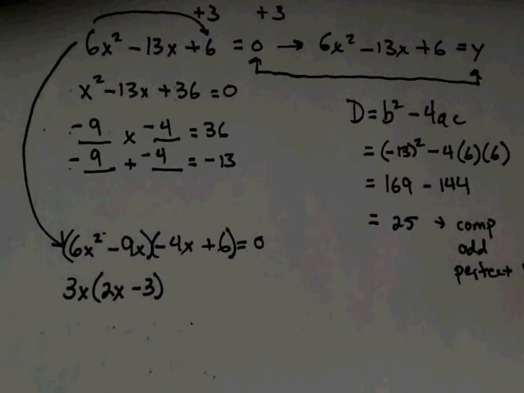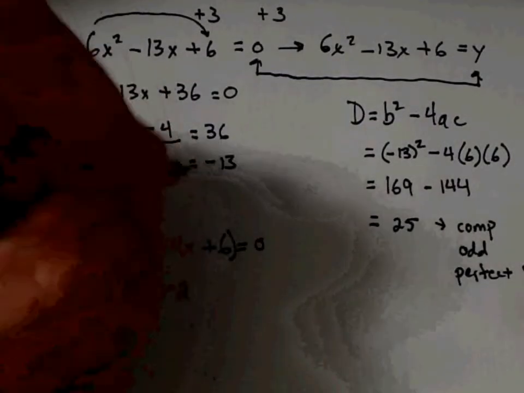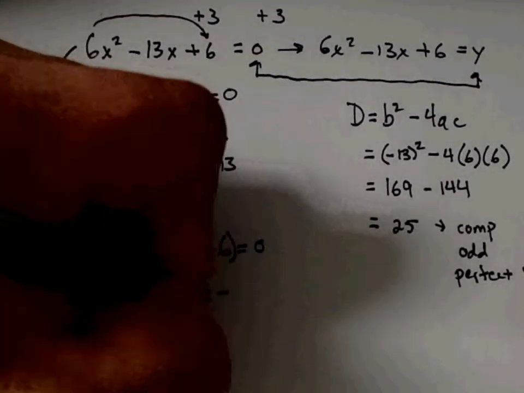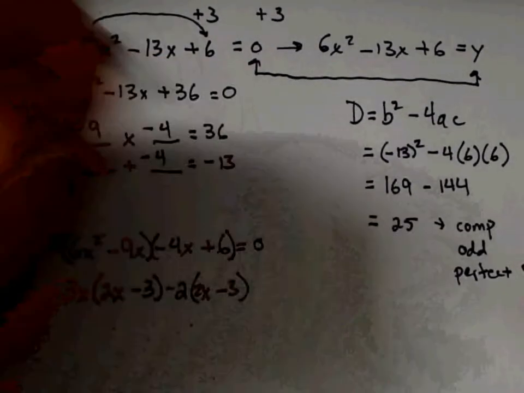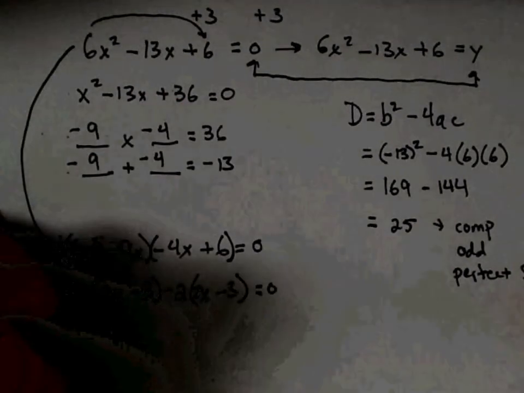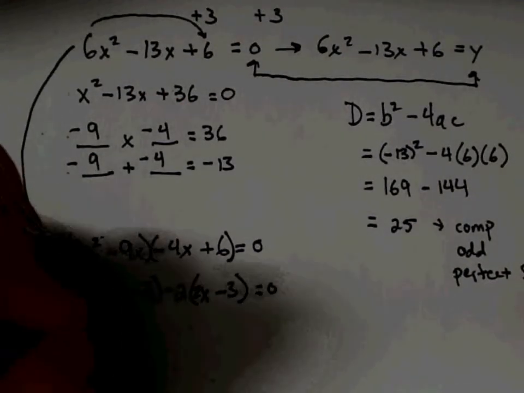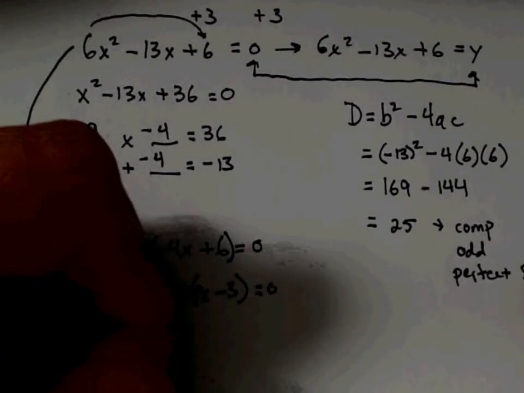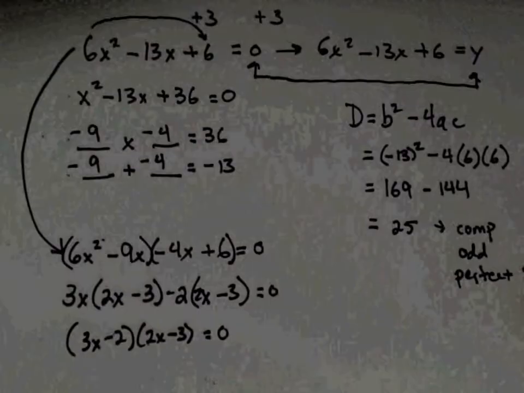Okay, I can factor out a 2, but that's going to give me not the... negative 2. There you go. Negative 2 is going to leave me 2x minus 3. Right? And now those are the same. And so my factored form is 3x minus 2 and 2x minus 3.